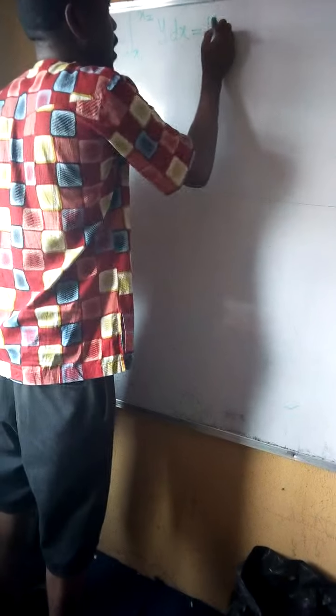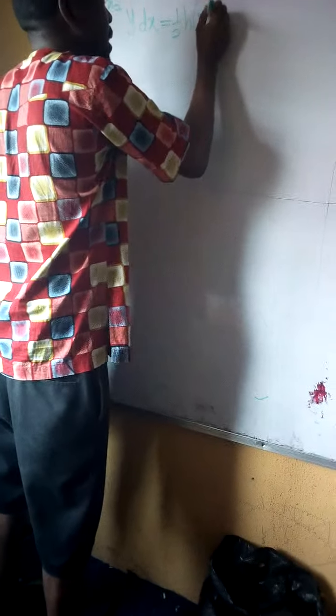So first, let's write the formula. Based on the last video, we know that the area, the integral between x1 and x2 of y dx, is equal to half h into y1.